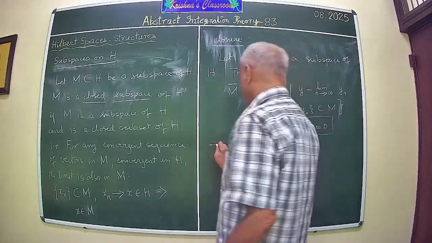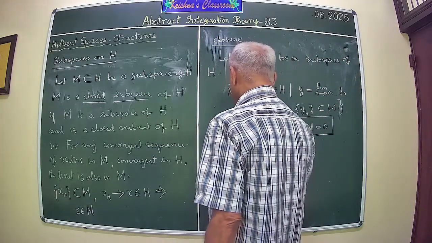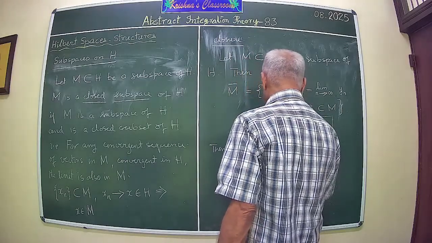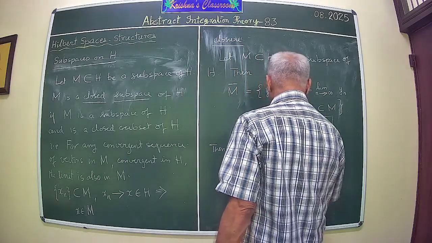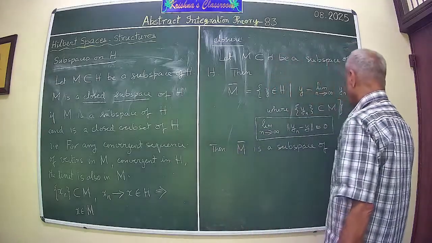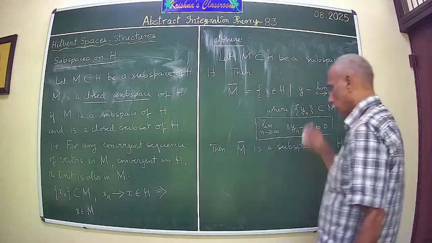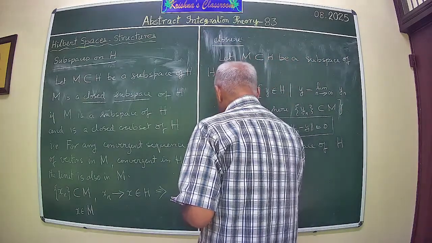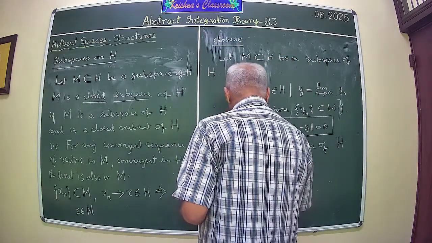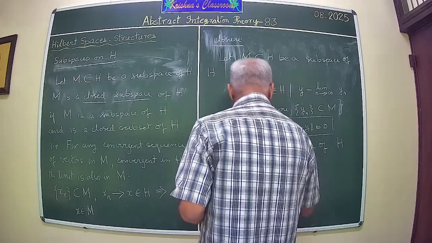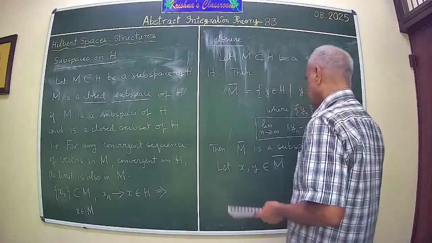Then M closure is a subspace of H. How do you prove that? Take x and y in M closure.